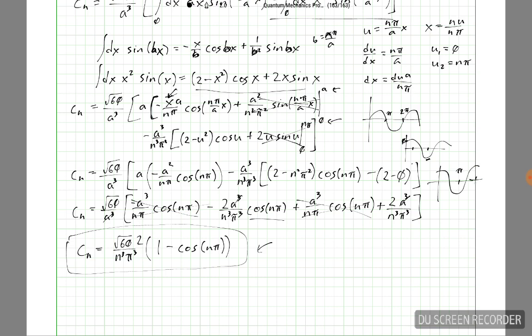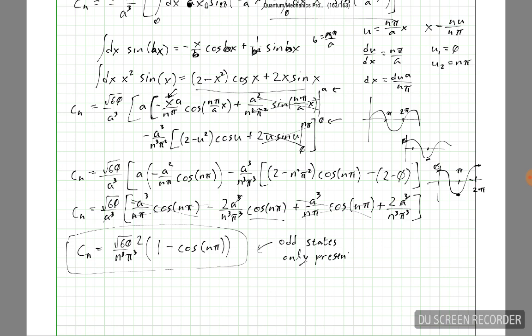There's pi. There's 2 pi. Better drawings help. So backwards from the way I said it, if we have n is odd, we get 1 minus negative 1, which is 2. If we have n equals something positive, we have a 1, so we get 1 minus 1.